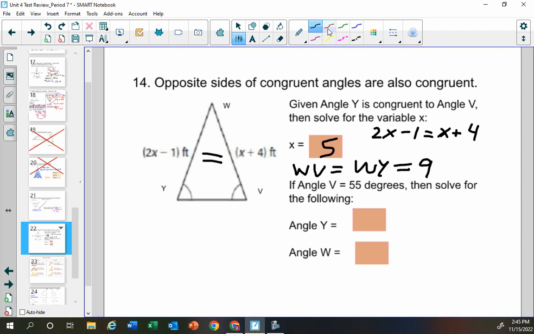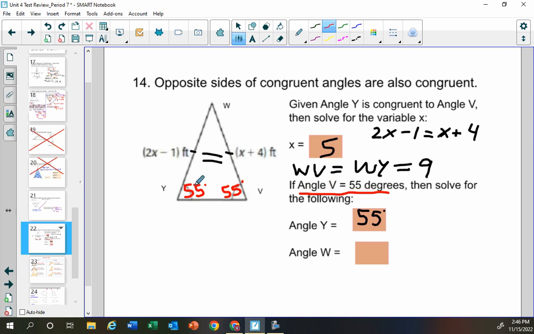Angle V was how many degrees? 55. What's the relationship between angle V and angle Y? Same, so angle Y must also be 55. Since these sides are the same, those opposite angles will also be the same.